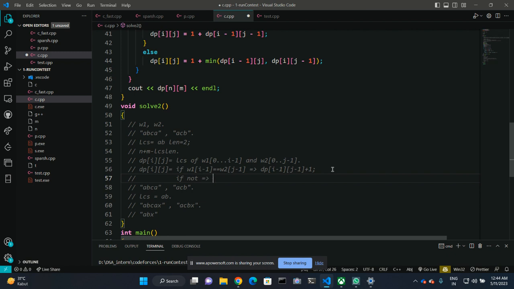If not equal, dp of I minus 1, J and dp of I, J minus 1. X and Y are not equal, so what will it do?